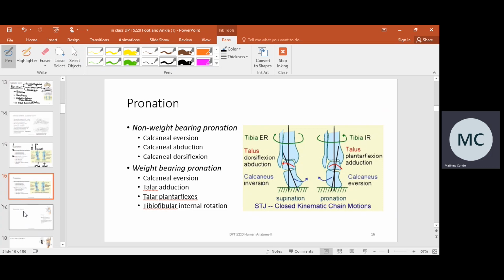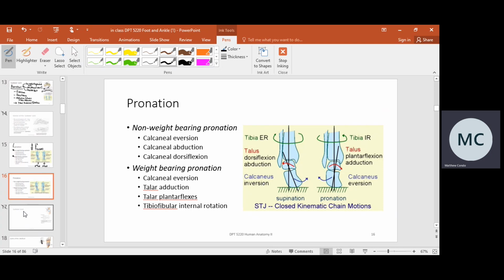During weight bearing, that's when things get kind of funky, because now I have those forces again, both coming down from gravity, going back up from ground reaction force or normal force, and that's going to create this kind of reaction-action system. So during weight-bearing pronation, again, first half of the gait cycle, trying to accept force: calcaneal eversion, talar adduction, and plantar flexion.